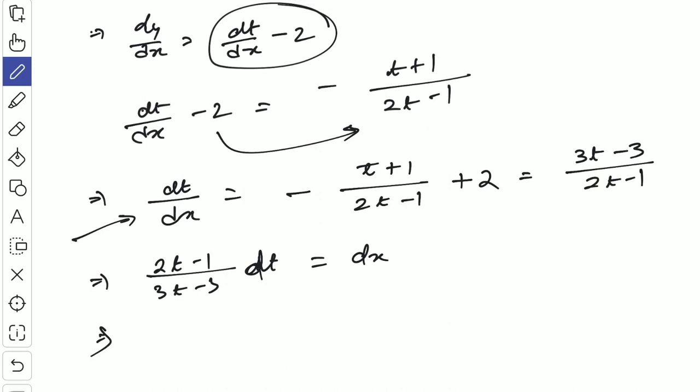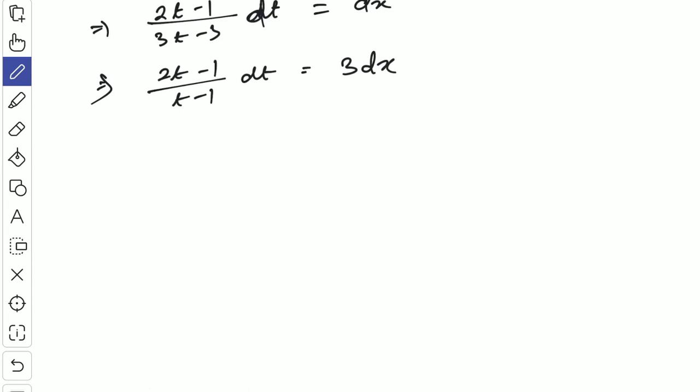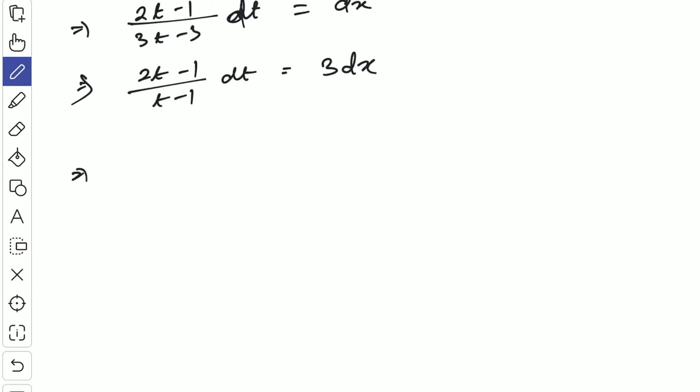Now what we are going to do in this case: if you multiply both sides by 3, you will get (2t minus 1) by (t minus 1) dt equal to 3 dx. Now again we are going to apply partial fractions. Here 2t minus 1 can be written as 2t minus 2 plus 1 over t minus 1, dt equal to 3 dx.